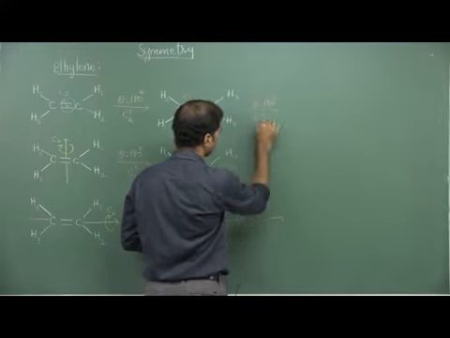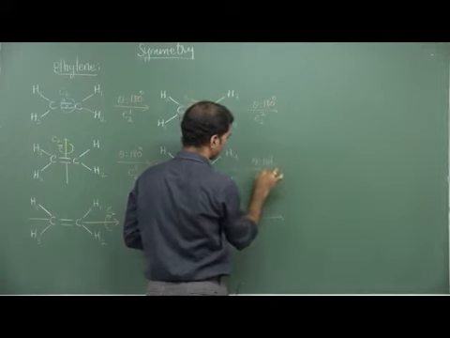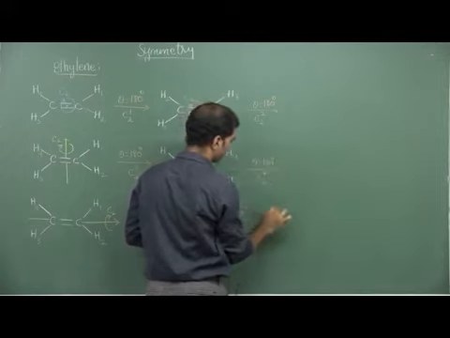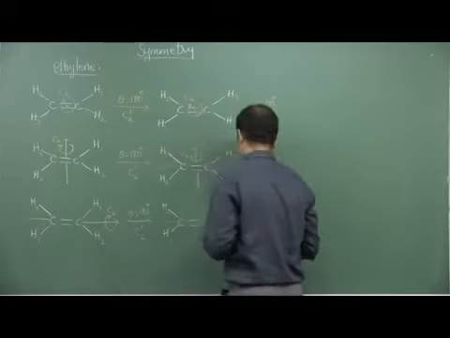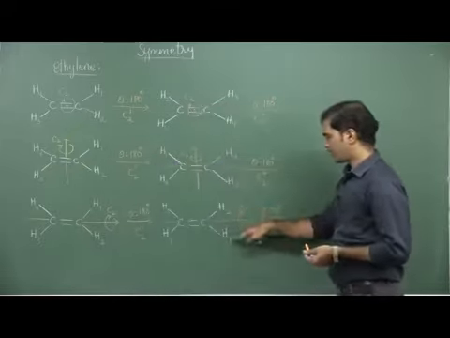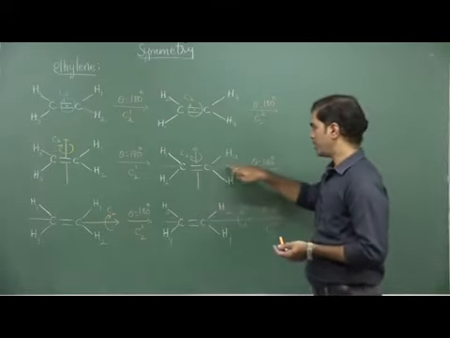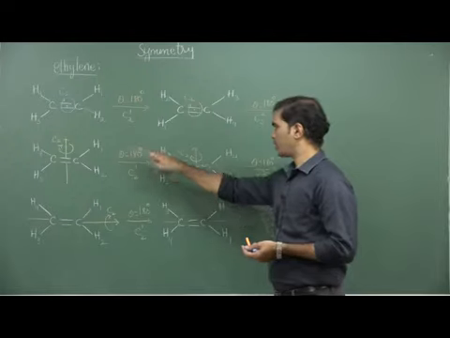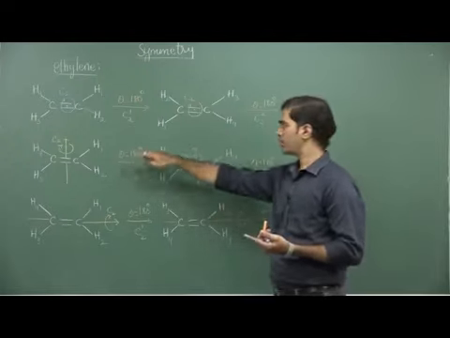This is a C2 for the second time. So once I am rotating it for the second time, 1 and 2 are getting exchanged, we are getting the original configuration. Even in this case, 4 and 1 exchange, 2 and 3 exchange, you get the original configuration.